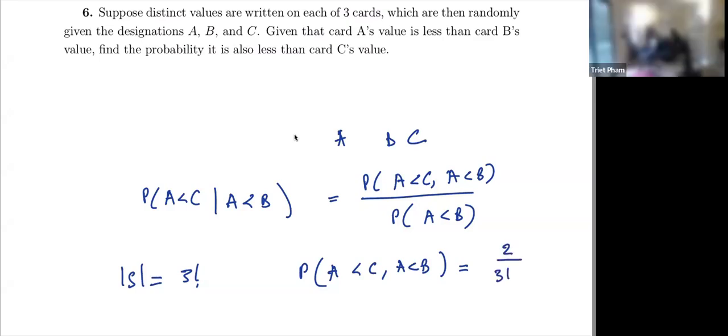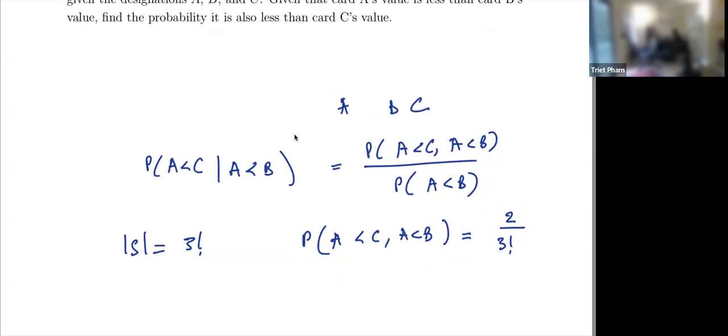Excellent. Exactly. Because if it is like that, then the value for A is fixed. A must be the minimum, so there's no choice for A. Then the only choice is between B and C values, which is two choices, or two factorial, if you will. Is that okay? Then what about A less than B? How many ways?